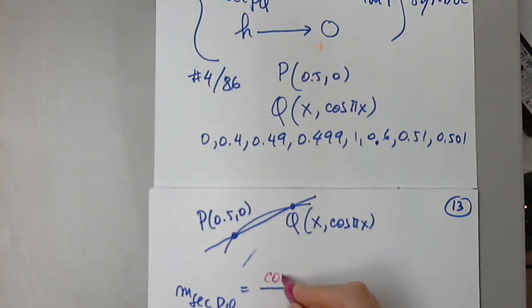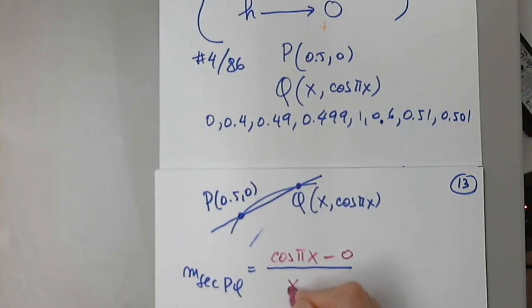Excellent. Cosine pi x minus 0 over x minus 0.5. Do you all agree with this?